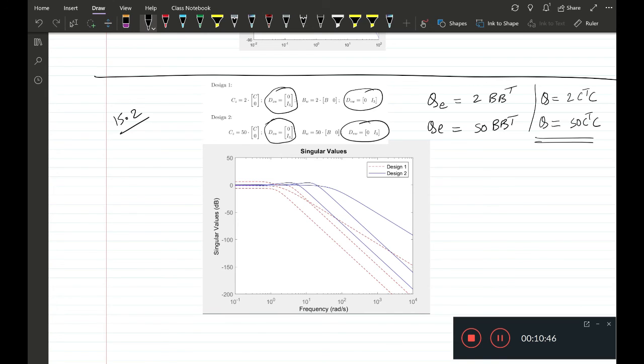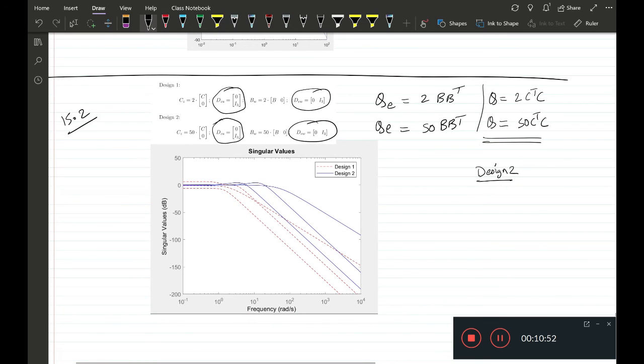Now this one first would mean that for design 2, performance is more important than control effort. Or in other words, control is cheap. So the optimal controller would try to use more control input than in design 1.